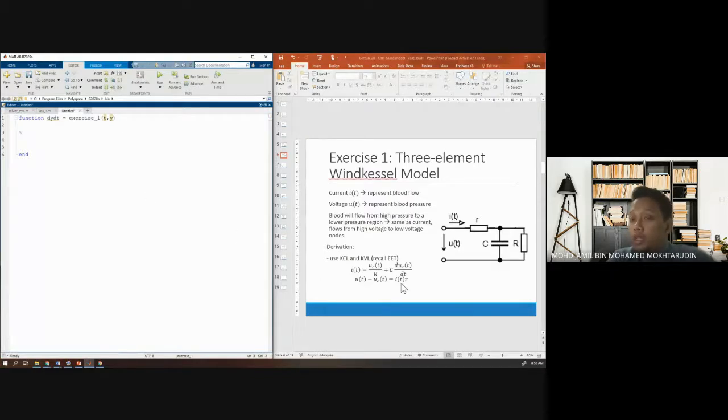The ODE given is I equals UC over R plus C duc dt. We need to rearrange this to make the differential on the left, because we define dy dt, so we need to start our ODE with dy dt. So dy dt will represent duc dt.